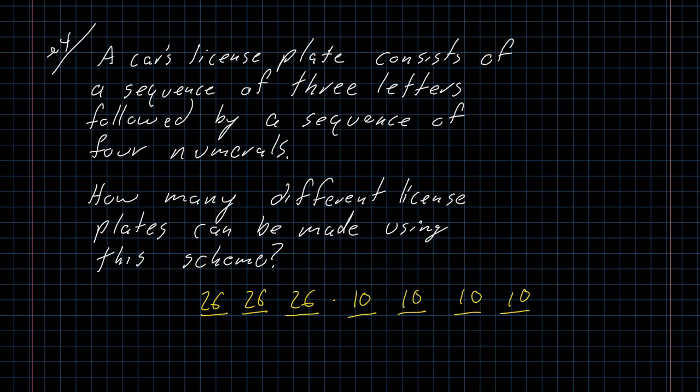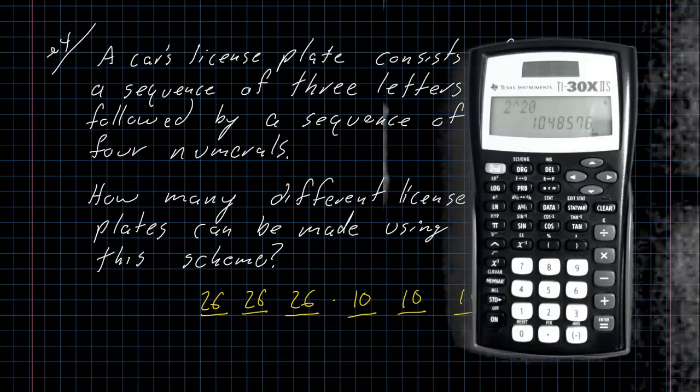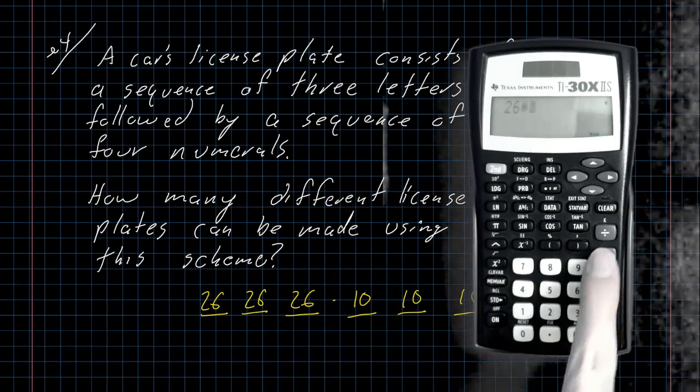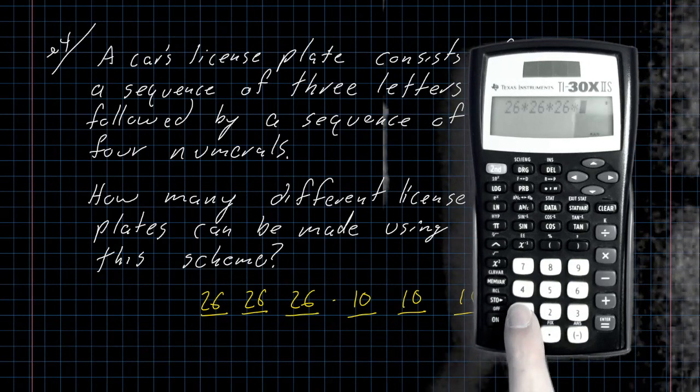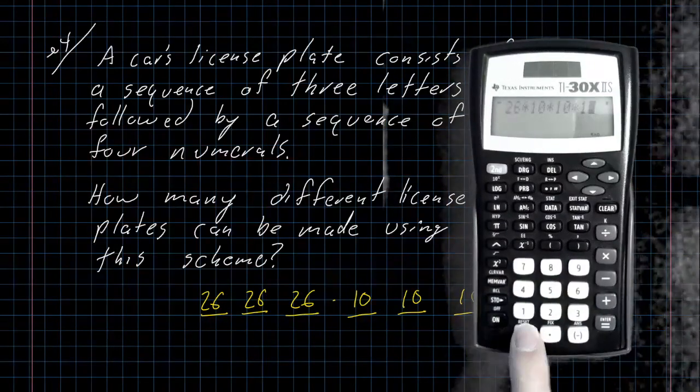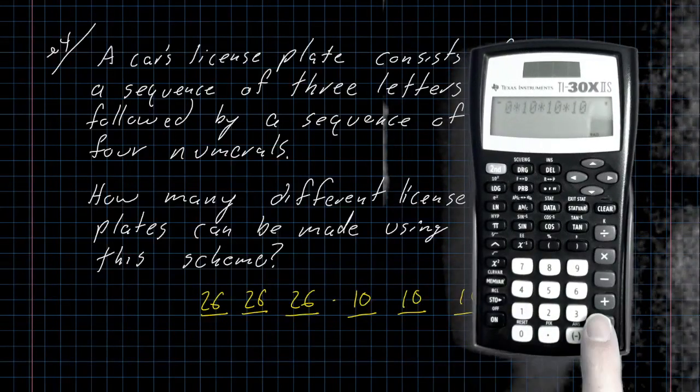And so we can rely on the counting principle. I can pull my calculator up one more time, which only partially covers the problem this time. But I can punch in 26 times 26 times 26. I could have shorthanded that with an exponent. Then we have 10, another 10, another 10, and one more 10.